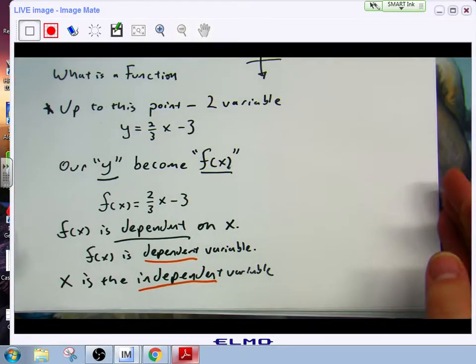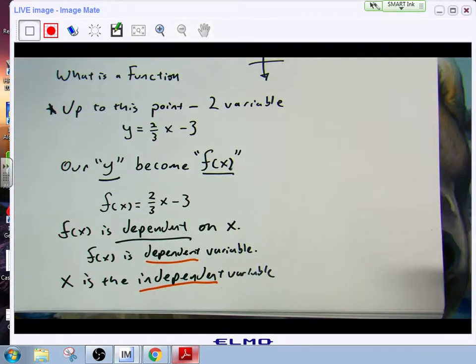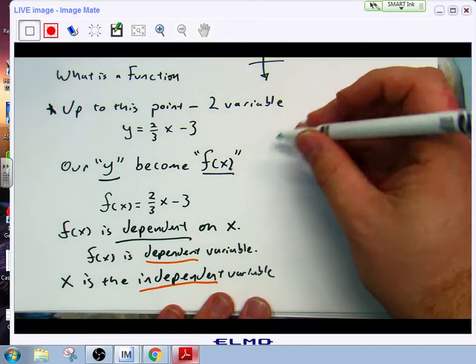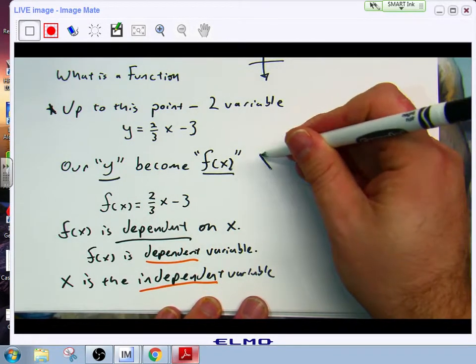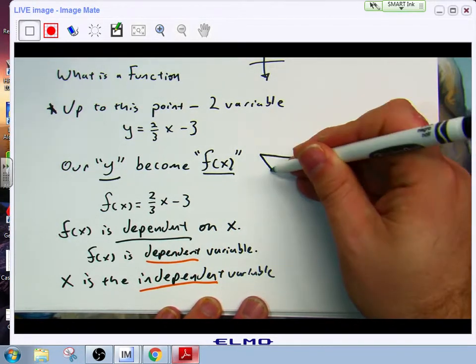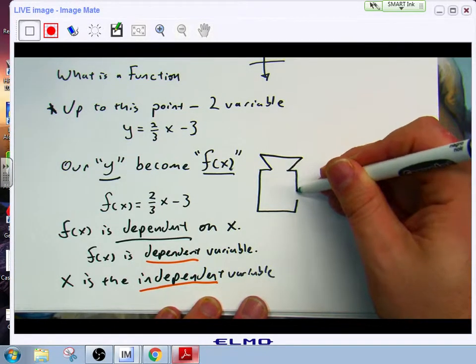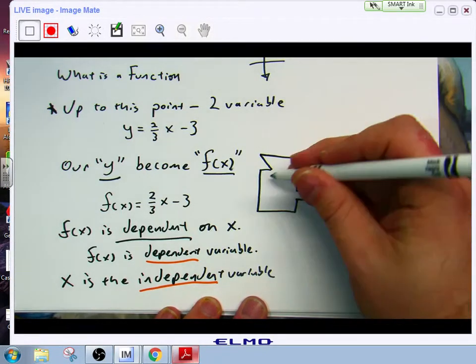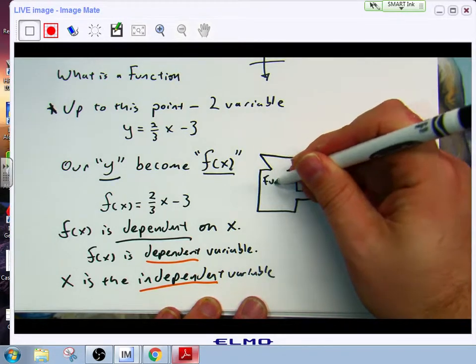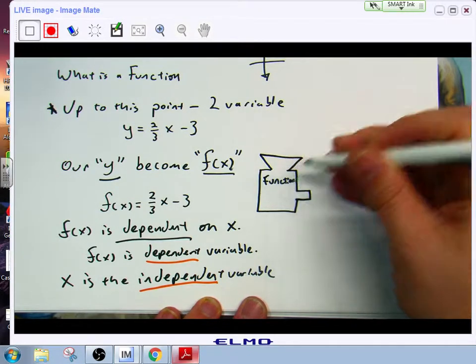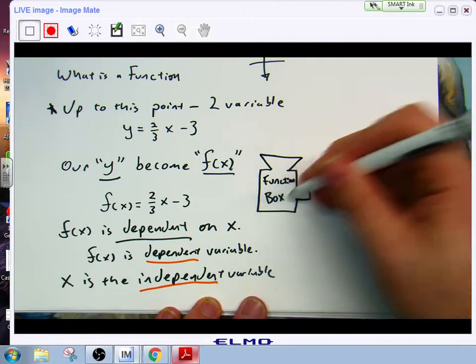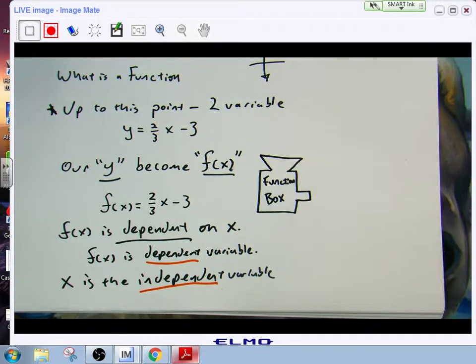It's kind of like a machine, like a meat grinder. This is our function box.